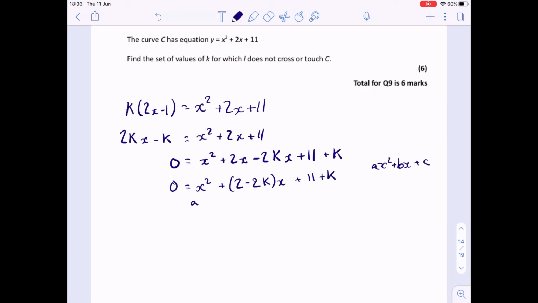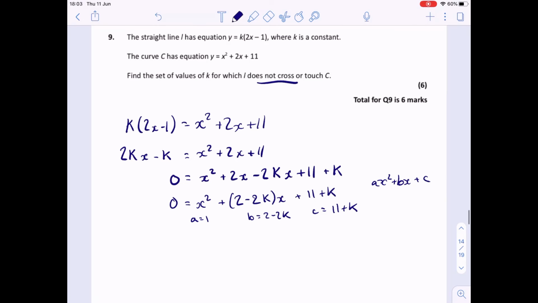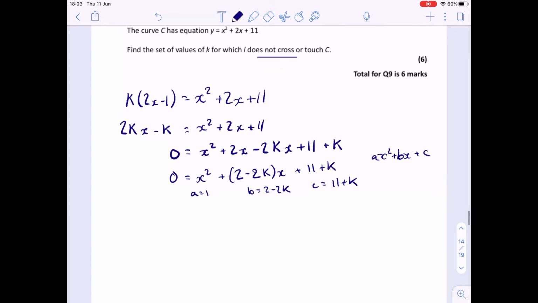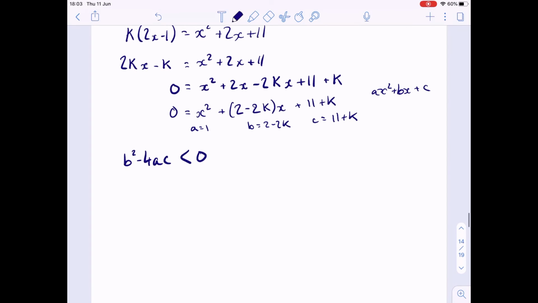Okay, so a is going to be 1, b is going to be 2 minus 2k, and c is 11 plus k. Now, if they do not cross, then our discriminant, b squared minus 4ac, is not going to have any solutions, so this is going to be less than 0.